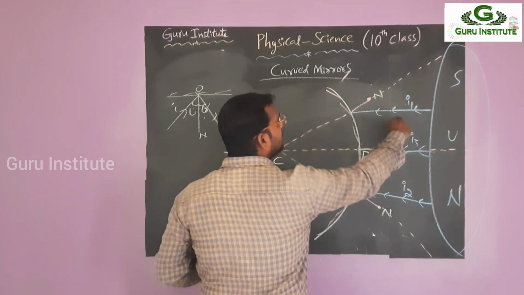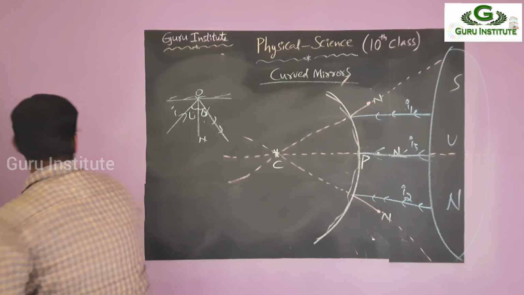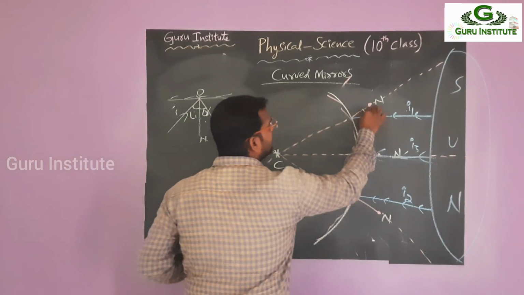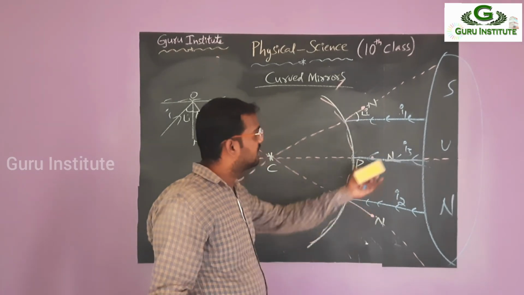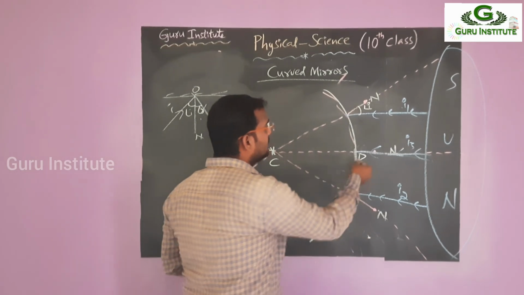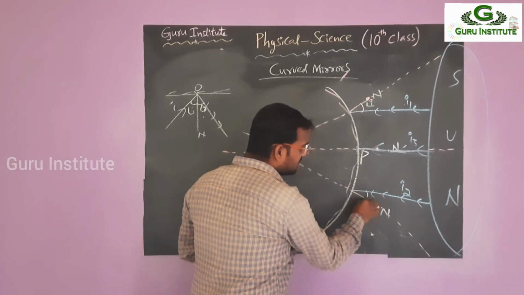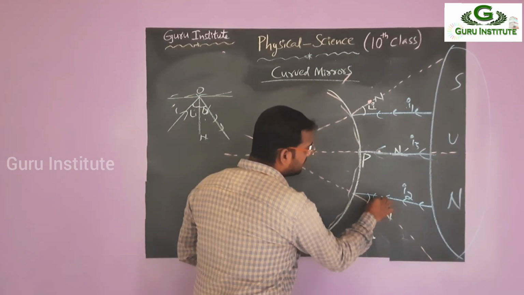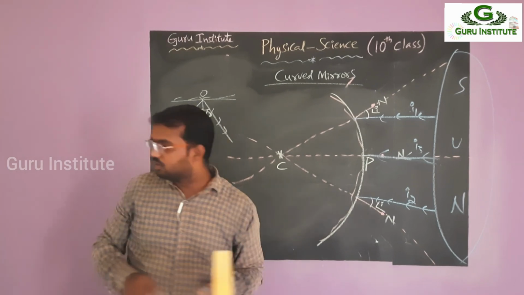The angle between the normal and the incident ray gives the angle of incidence. For the ray along the principal axis, the incident ray and normal lie on each other, so the angle is 0 and it is obviously reflected back. Here, the angle between the incident ray and normal is angle I.